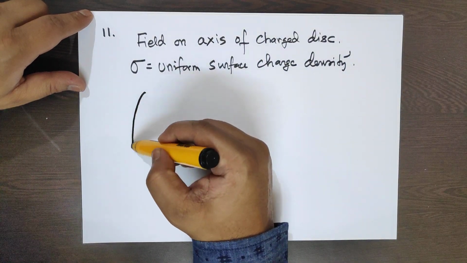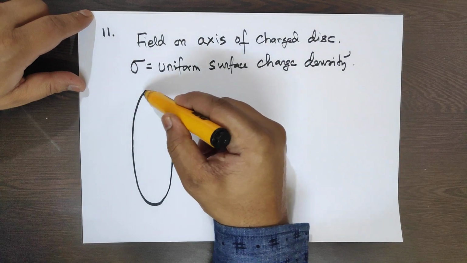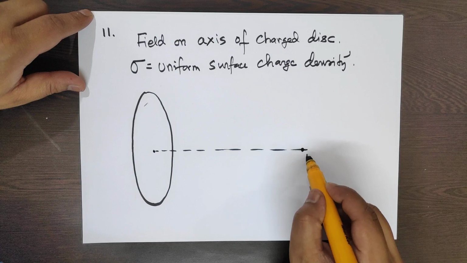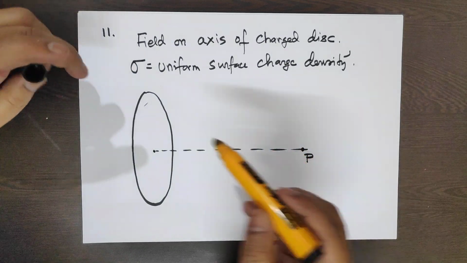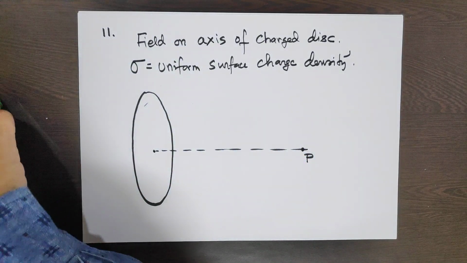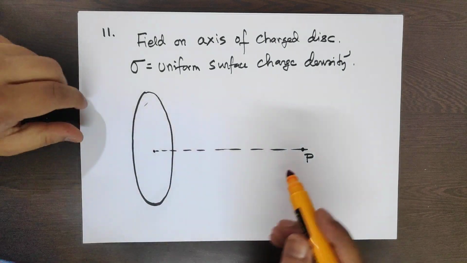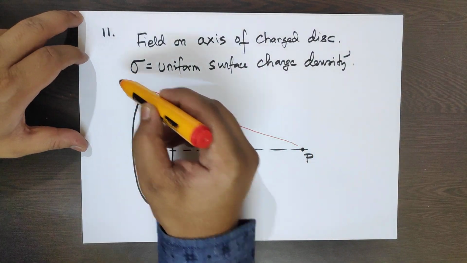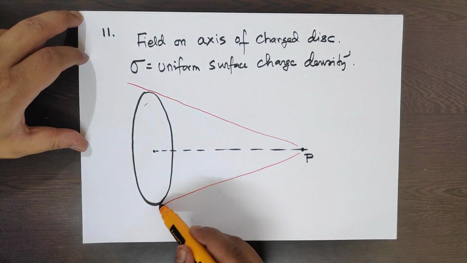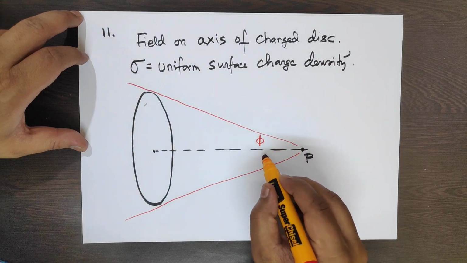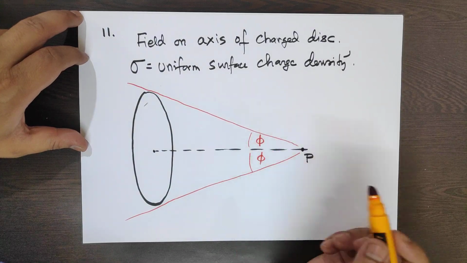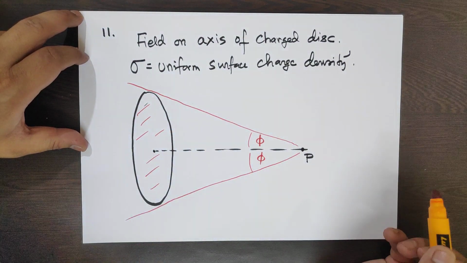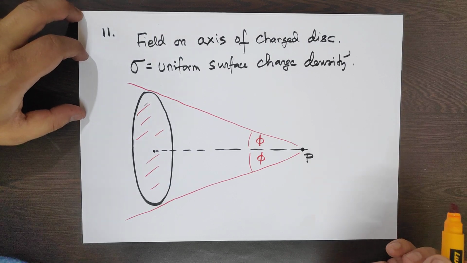Okay, so that is the disk here, the charged disk, and this point P lies on the axis of the disk, and the extreme angles are given. If you draw this line from point P, then this line will make angle phi, right? Now this is the whole charged disk, and this line is on the axis of the disk. We have to find the field at the point P.